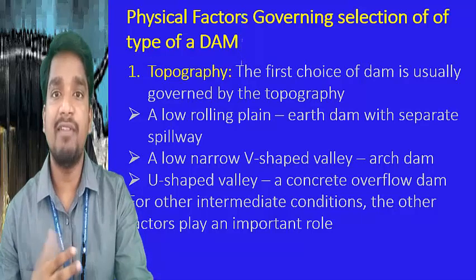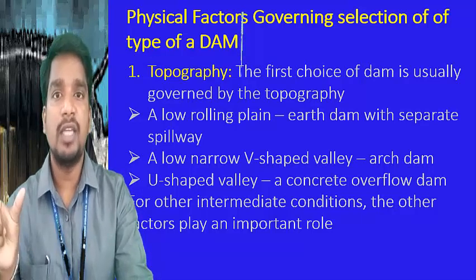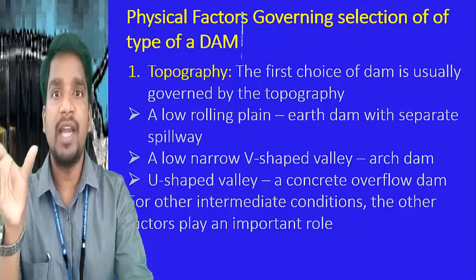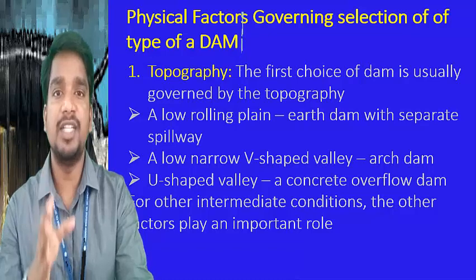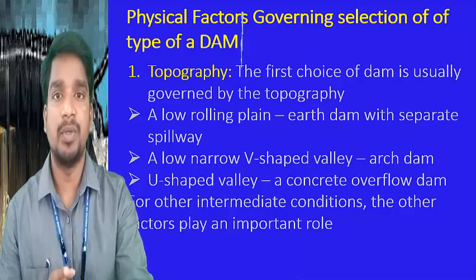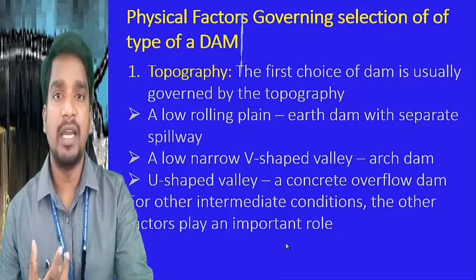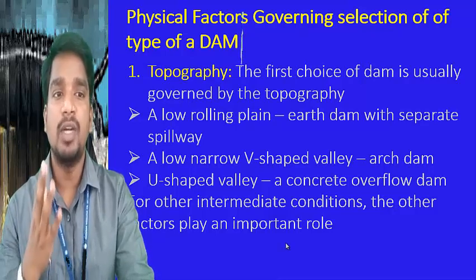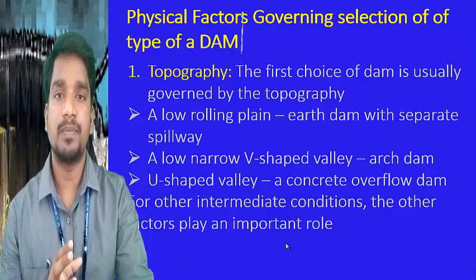For example, if we have a V-shaped valley, which is narrow at the bottom and wide at the top, then for these particular site conditions, an arch dam is best suited. If we have a U-shaped valley, in this particular case, what is suitable? A concrete dam with overflow, meaning a concrete overflow dam is best suited.